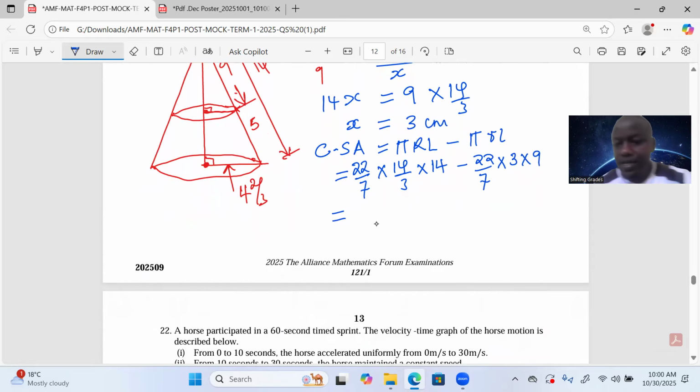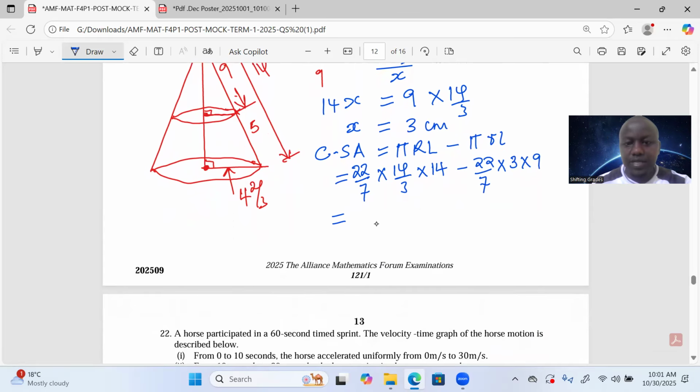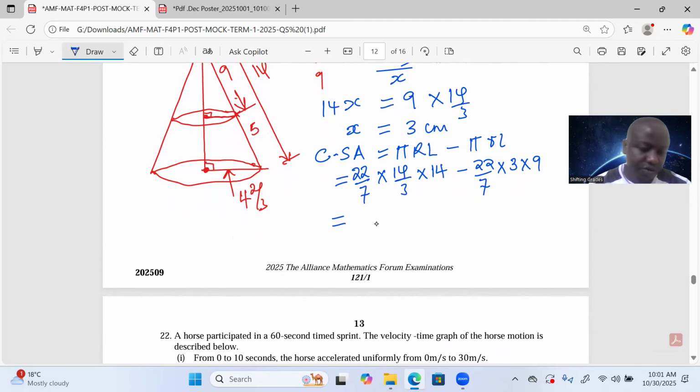So what does this give us, ladies and gentlemen? 22/7 multiplied by 14/3 multiplied by 14 gives us 205 1/3, minus 22/7 by 3 by 9, giving us 84 6/7.